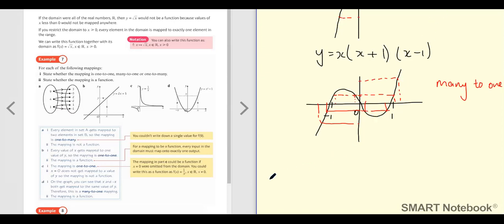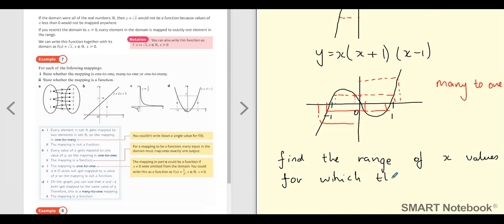Here's a challenging question. Find the range of x values for which this function is one-to-one.